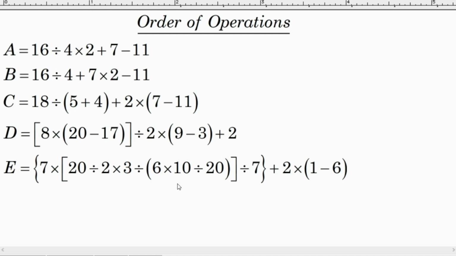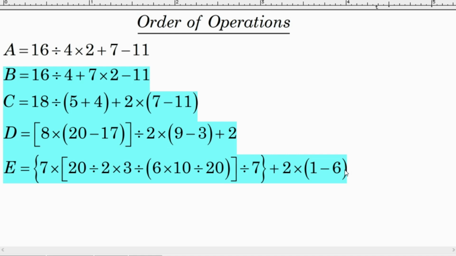Question E has braces, with brackets and parentheses inside. Now I'm going to solve each question, but first I want to delete these 4 questions so that we have more space to write.